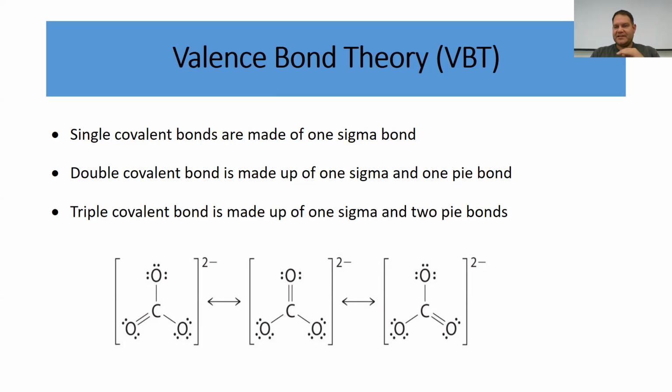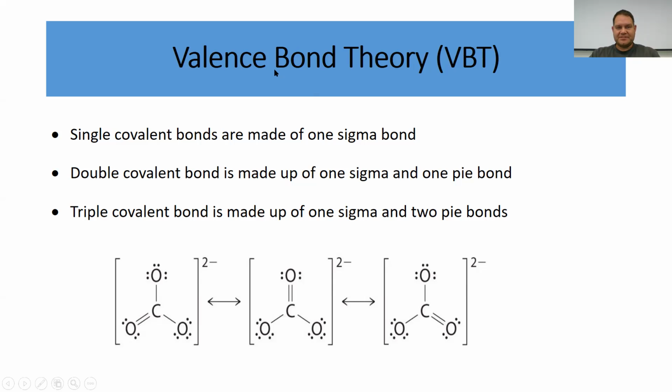So anytime you see a single bond, you can think of that as head-to-head overlapping occurring, and therefore a sigma bond. And a double bond, as we just mentioned, contains a sigma and a pi bond. And a triple bond is a sigma, pi, pi. So 2 pi bonds and 1 sigma bond.